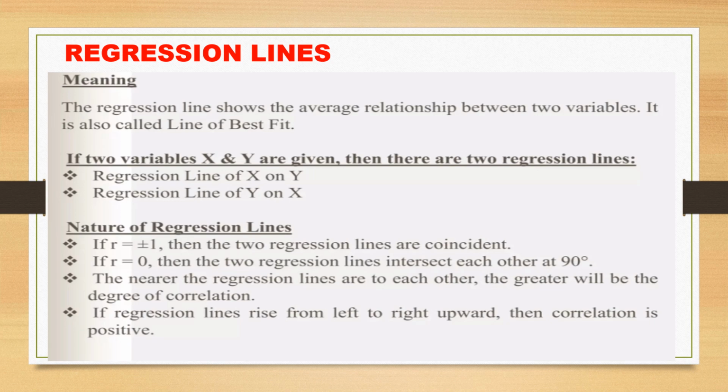Nature of regression lines: if r is equal to plus or minus 1, then the regression lines are coincident. If r is equal to 0, then the two regression lines intersect each other at 90 degrees. The nearer the regression lines are to each other, the greater will be the degree of correlation. If regression lines rise from left to right upward, then correlation is positive.